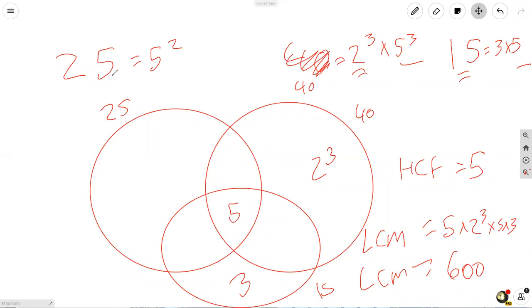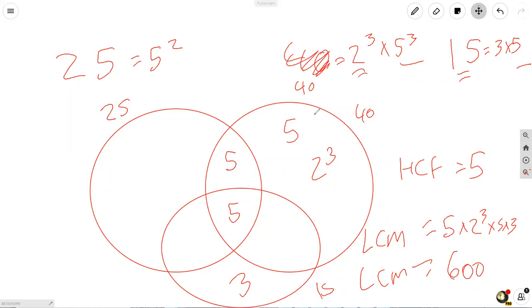But the 25 and the 40 have 5 squared in common. They have 2 lots of 5s. So I'll put another 5 there. Now the 25 and 40 share 2 5s. Does everyone get that? But the 40 has an extra 5.